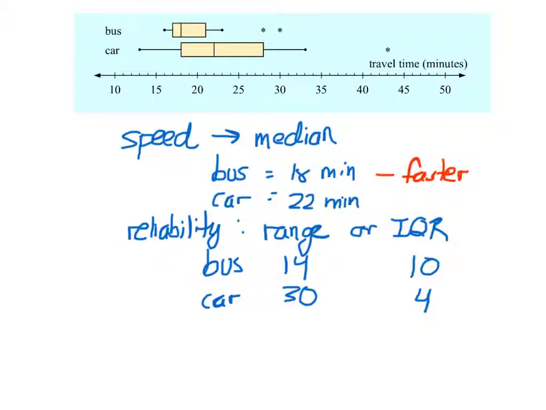I'm sorry, I have those backwards. It's 4 for the bus and 10 for the car. So looking at the spread of the data, we see that the bus is less spread out. The data is less spread out. It's more reliable. So again, we can see from the data that the bus is the better choice.